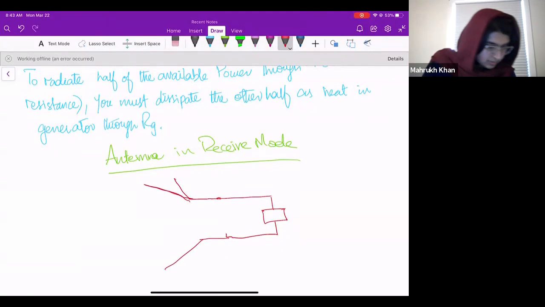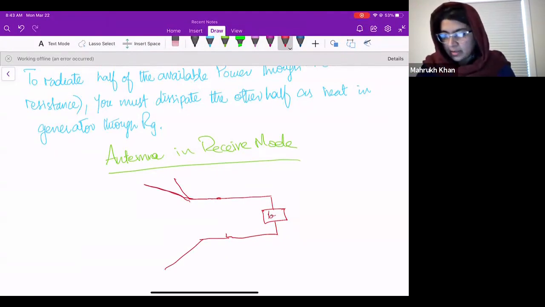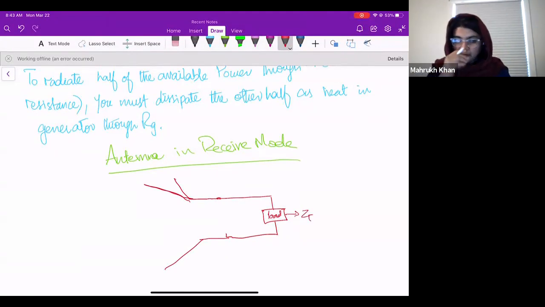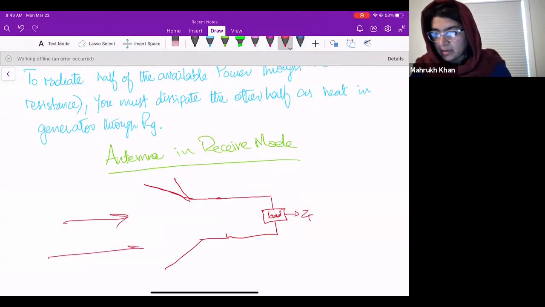Okay, and this is our load. In this case, this is called load because this is a receive configuration. And then you have an incident wave coming in.